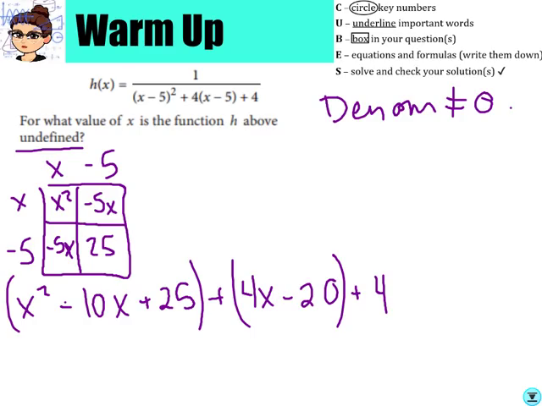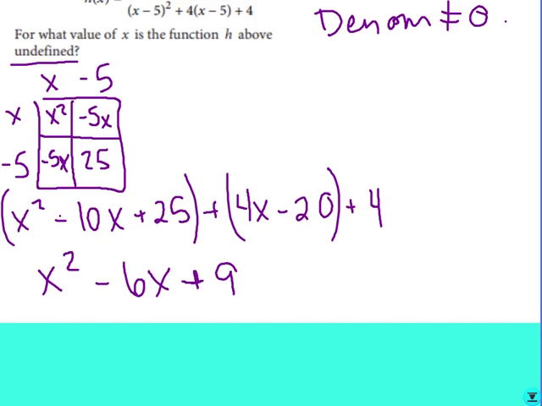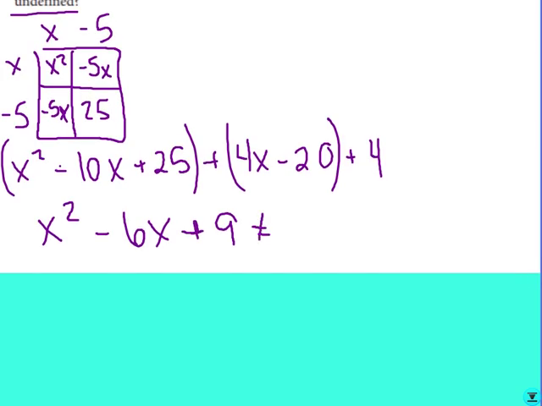Combine all like terms, and we have x squared minus 6x. 25 take away 20 is 5 plus 4, which would be 9. Now we need to factor that because this cannot equal 0.